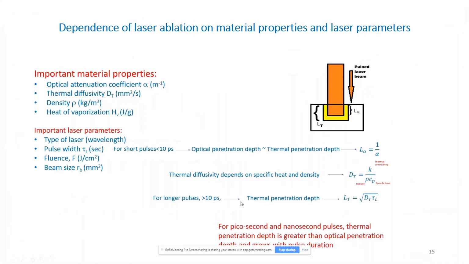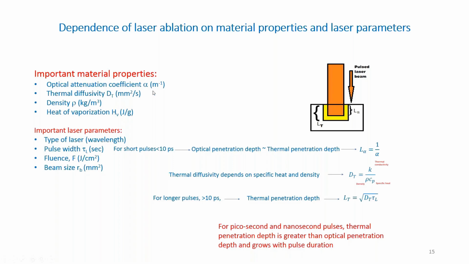Now we should talk a little bit about the physics of dependence of laser ablation on material properties and laser parameters. This is related to how we are choosing different lasers for different applications. So what are important material properties? I've listed them here. Optical attenuation coefficient alpha.